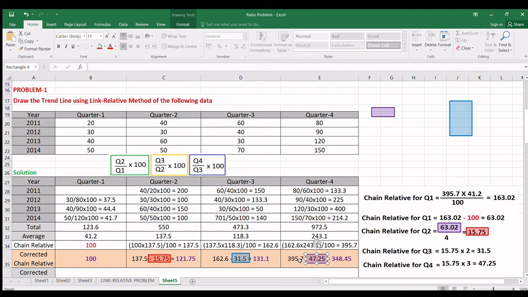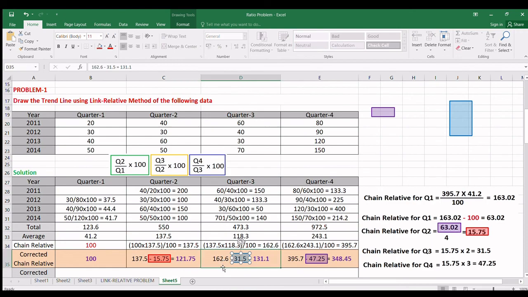So this will be called the corrected chain relative. If I subtract 15.75 from the quarter 2 chain relative, 137.5 minus 15.75, the answer is 121.75.